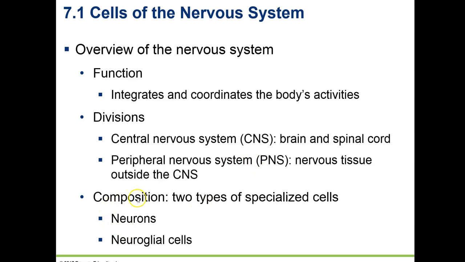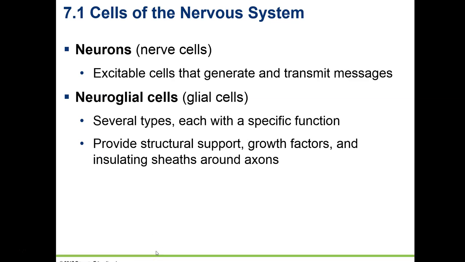Nervous system has two types of cells, neurons and neuroglial cells. Neurons are the nerve cells. They transmit messages. For example, I'm talking, you are listening, the messages are transmitted through neurons. Neuroglial cells, they are the supporting cells.